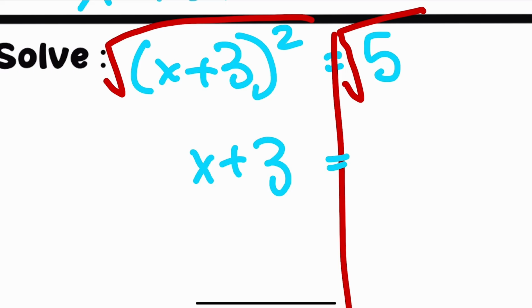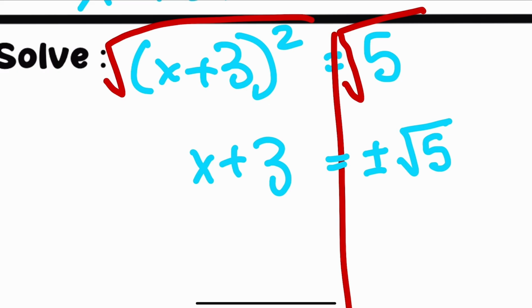However, I know that 5 is a prime number, and when I try and go and factor it, the only two factors I have are 1 and the number itself, and we don't want that when we're factoring. So I can't really do anything to that 5. So what I'm going to do is put a plus or minus sign, because we always need that, and I'm actually just going to leave it inside the radical because I don't have any factors that will work for this.